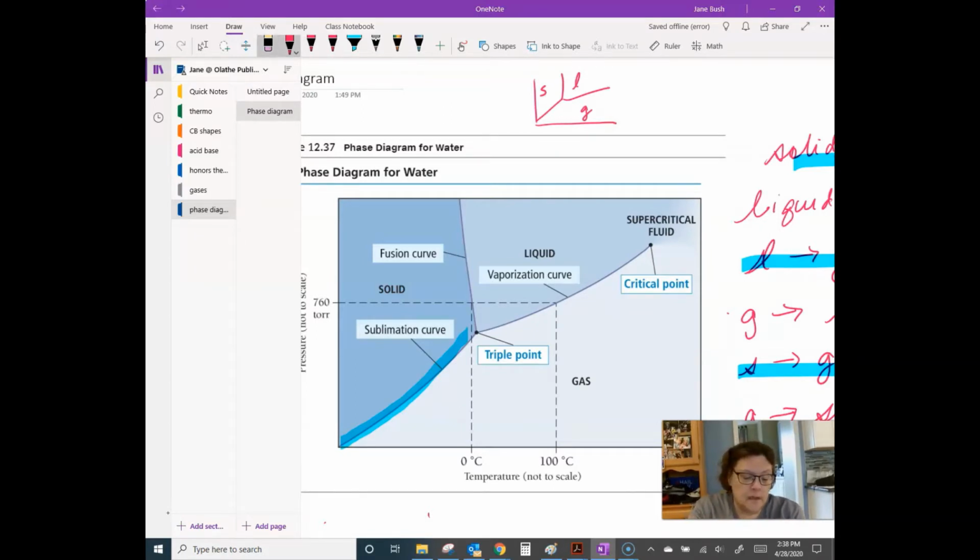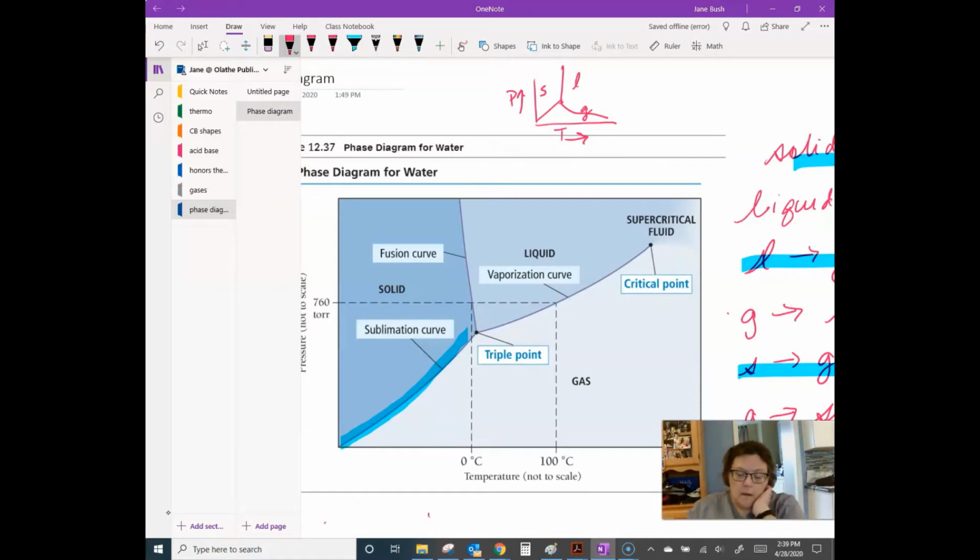Now, the lines may go this way, that way. They're going to be different shapes. But in a diagram where pressure's going up and you have temperature increasing, the top left-hand side is going to be solid, the bottom is going to be gas, the top right is going to be liquid.